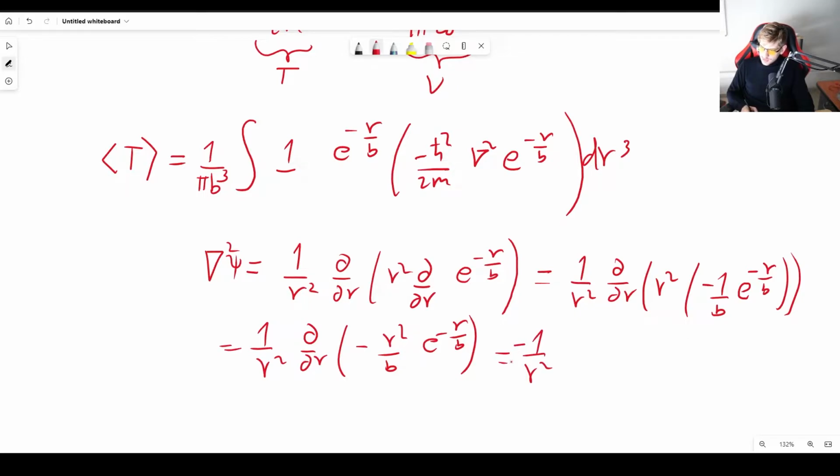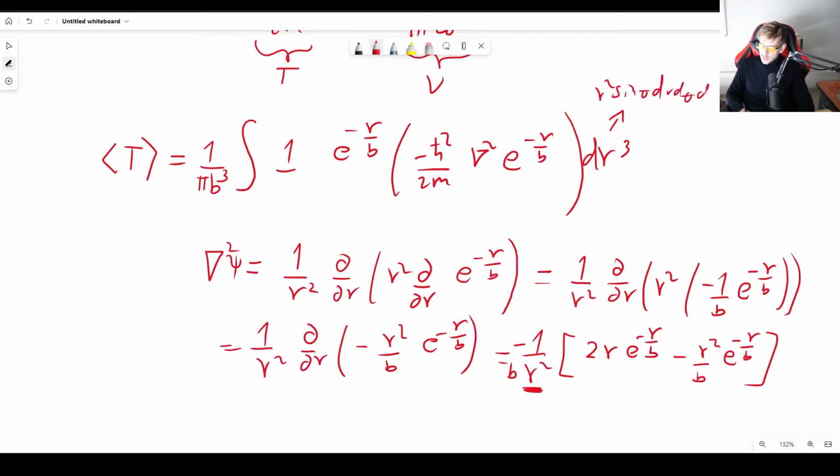Maybe let's take out the constant, so minus 1 over b goes out, and we get 2r e to the minus r over b. And then we get another term which will be minus r squared over b, factor of e to the minus r over b. Okay, and as we did in the previous video, we will not be multiplying the r squared in because we will get another r squared on the outside when we write this d r cubed as r squared sine theta dr d theta d phi.